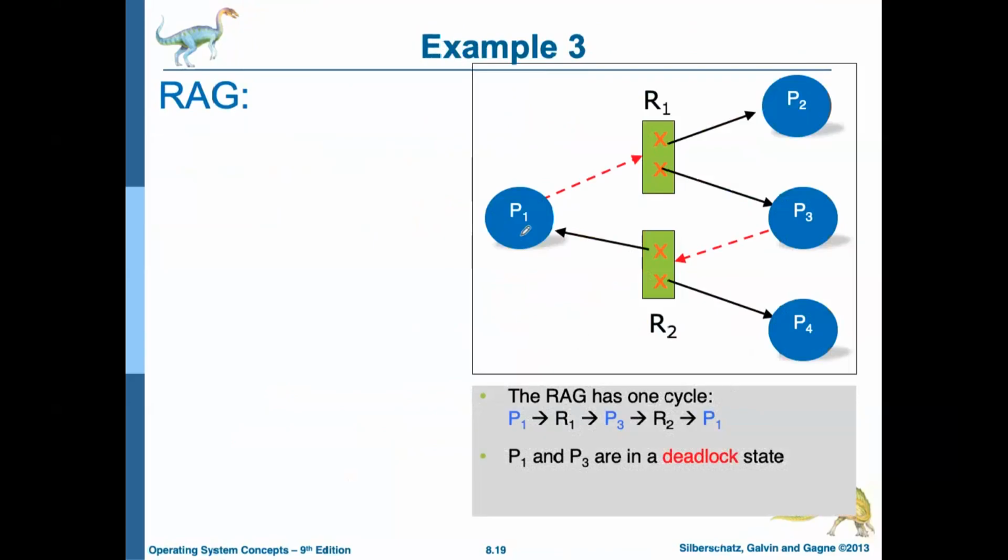P1 requests the R1 resource, and then after that P3 requests, and next P1 requests R1, to P2, and then after that P3 requests R2.